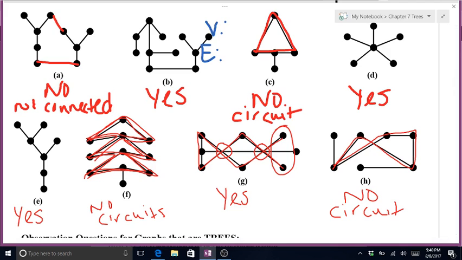How many vertices are in B? Well, let's see. We've got 1, 2, 3, 4, 7, 8, 9, 10, 11. We've got 11 vertices, and we've got 1, 2, 3, 4, 5, 6, 7, 8, 10 edges.